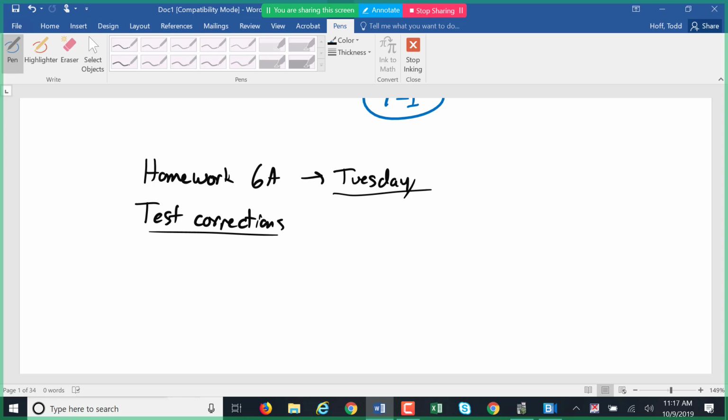But you saw in the grade book, there's a test 1 correction. I put 7 points in there for everybody, so that adds 7 points to your scores. With that said, you can still do corrections and get points back, even on the ones I decided weren't fair. They are still answerable. They have correct answers. But I decided they were too difficult to ask on a limited time test like that.